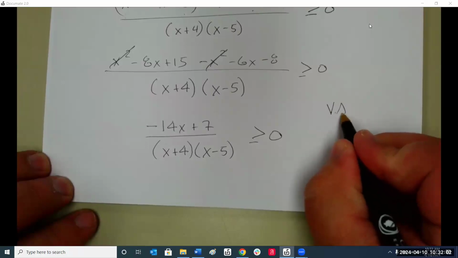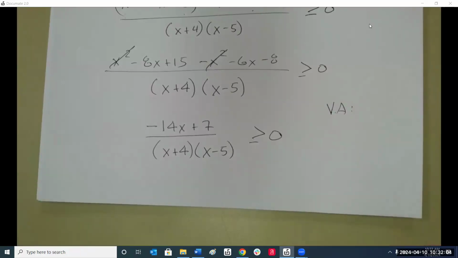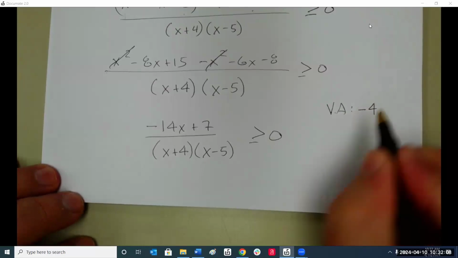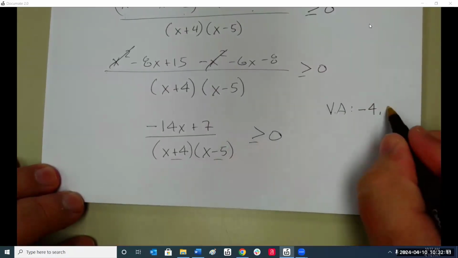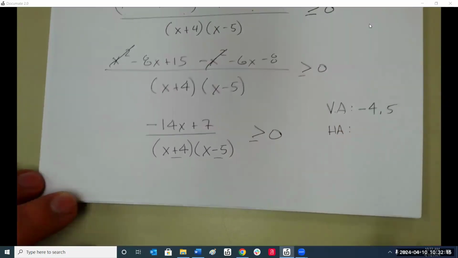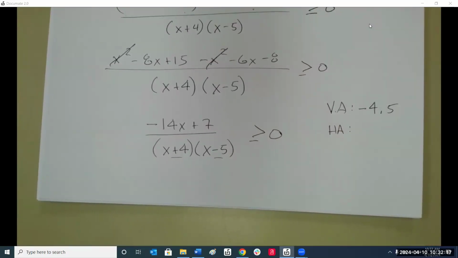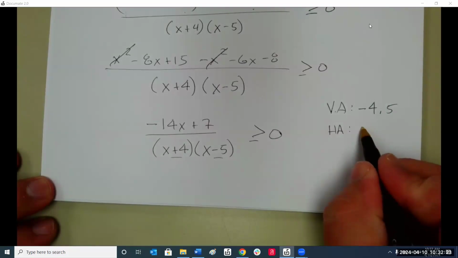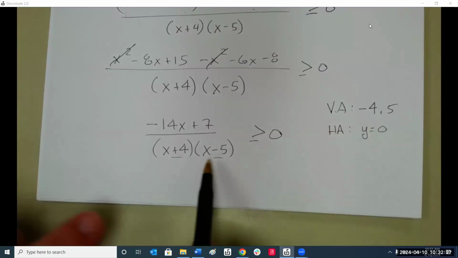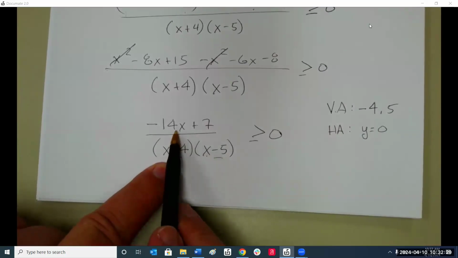So my vertical asymptotes are where? -4 and +5. The horizontal asymptote is where? At y equals 0, because there are more x's on the bottom than the top.